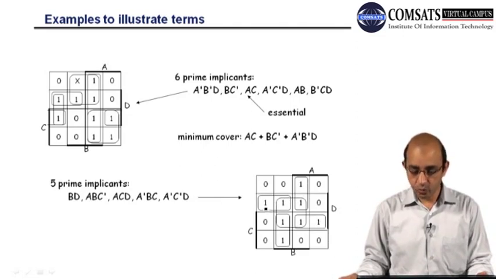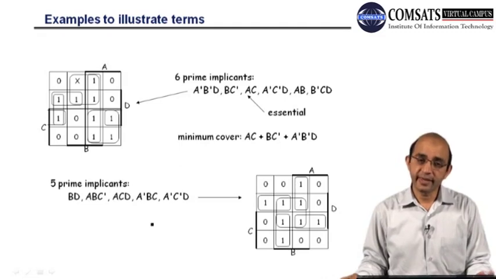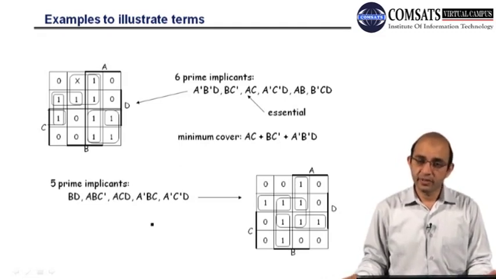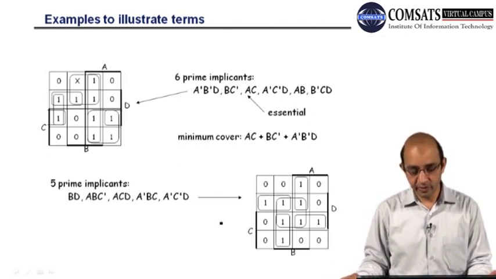If you count 1, 2, 3, 4, and 5, these are the 5 prime implicants. Again, let me point out that our ultimate goal is to eliminate a variable whenever we group those two ones, or this square.